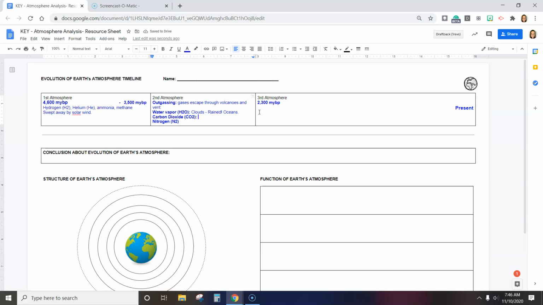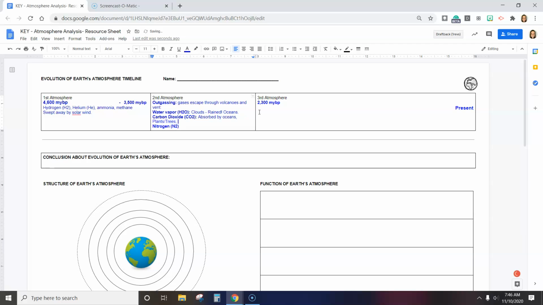And so some of that life started to take in carbon dioxide, and some of that carbon dioxide was not only taken in by plants, but it was absorbed by oceans and the plant life, trees. It was locked away in plants and trees, underwater plants, I should say.